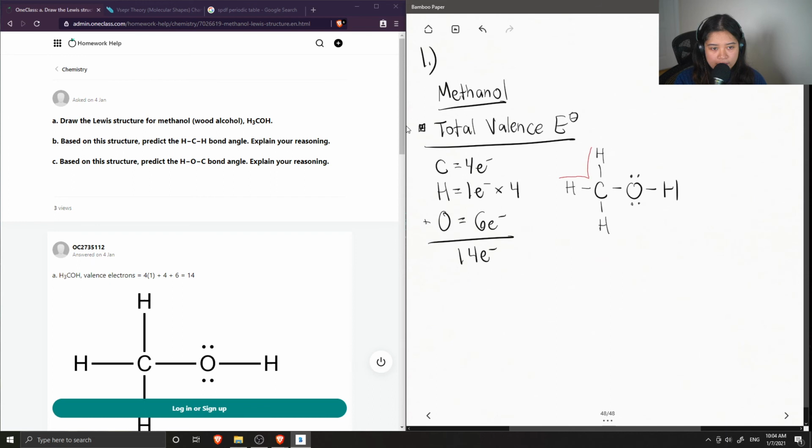So for the hydrogen-carbon-hydrogen, I highlighted it there. If we look at the carbon, there are 0 lone pairs, and there are 4 bond groups.